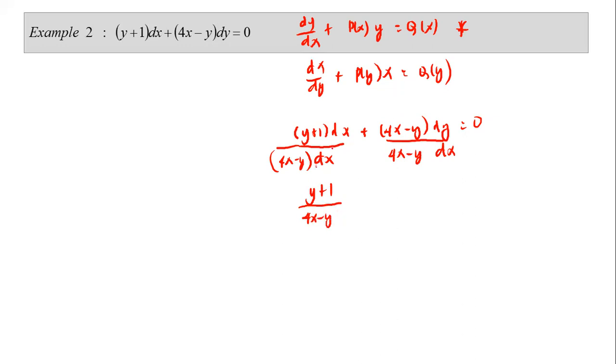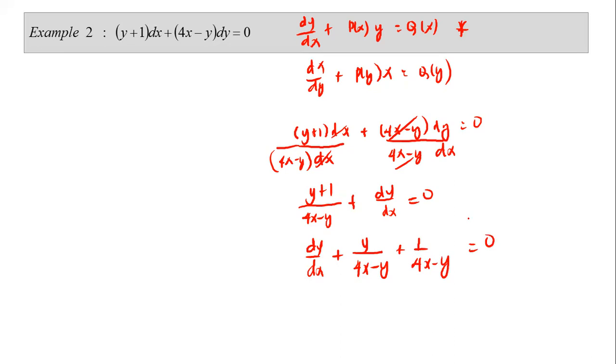All right, then this will become 1 plus, this will be canceled out, dy dx equals 0. And you can just rewrite this of the form. I will just write dy dx first, okay, plus then you just distribute this 4x minus y each term on the numerator, so you'll have y all over 4x minus y, okay, plus 1 all over 4x minus y equals 0.